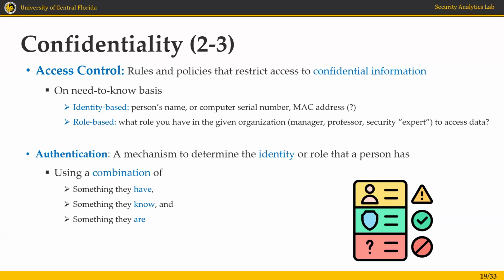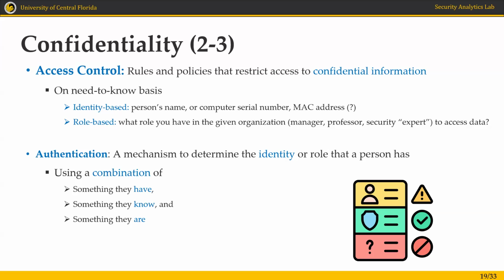Access control is basically based on rules and policies that restrict confidential information. We have a need-to-know basis, so identity based, such as the person's name, user ID, computer serial numbers like MAC addresses, or IP addresses; and role based, the role you're given in the organization.